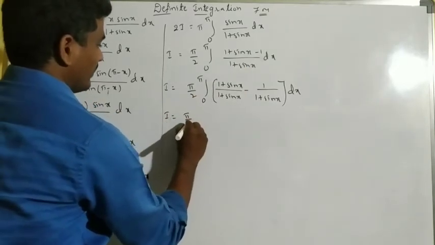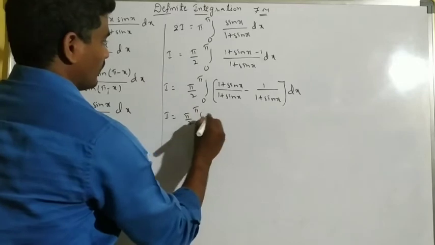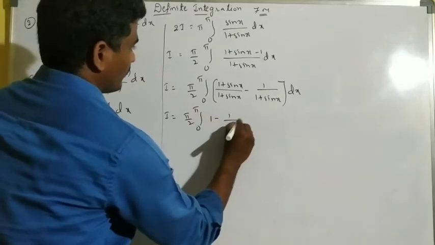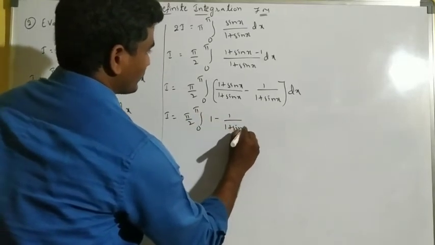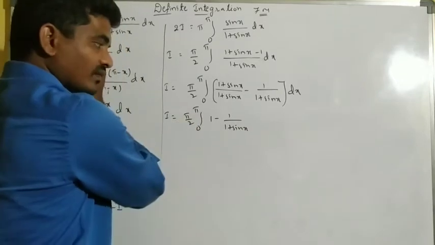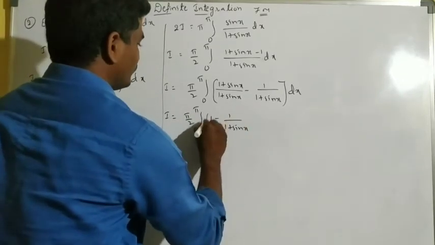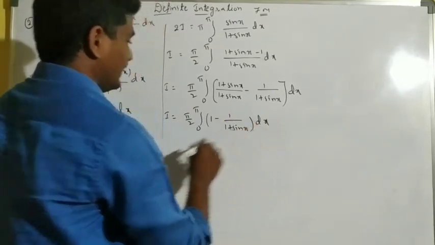I equals pi by 2 of integral 0 to pi of 1 minus 1 by 1 plus sin x dx.